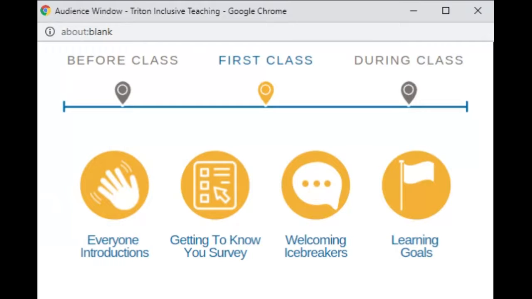So do some kind of welcoming icebreaker. It could even be getting groups and discussing what you want to do in the class or what you're most looking forward to. It can be something class specific. It doesn't have to be wacky or anything that you're uncomfortable doing.